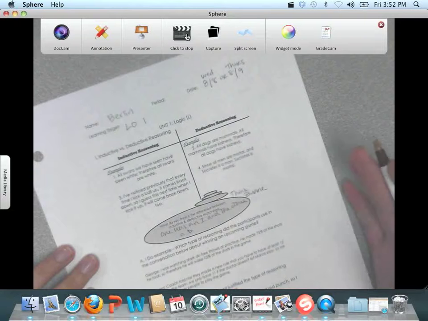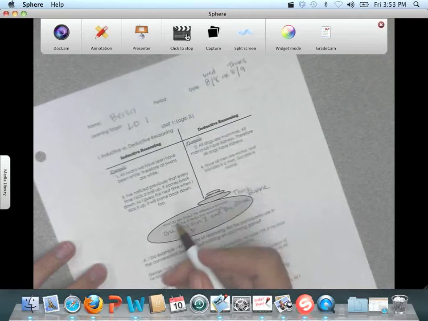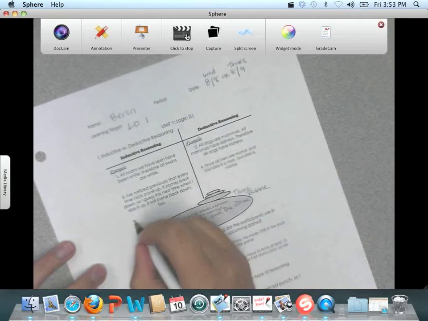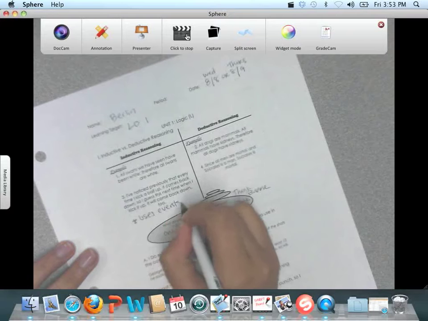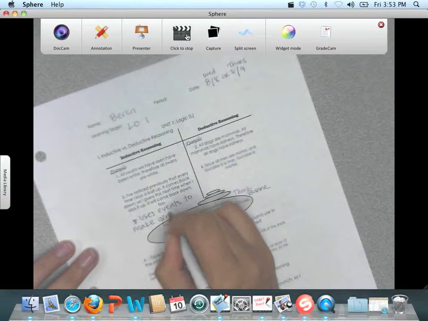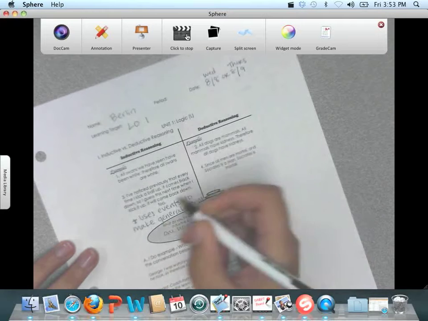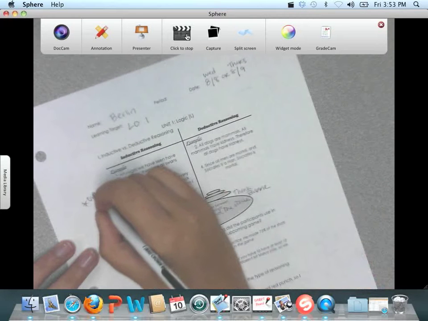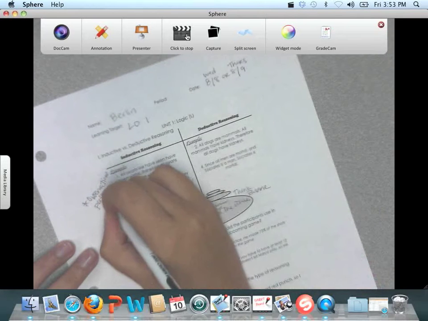So hopefully you had time to process the ideas. Now, inductive reasoning, the official answer, is that it uses events to make generalizations. Events are usually observations or patterns.